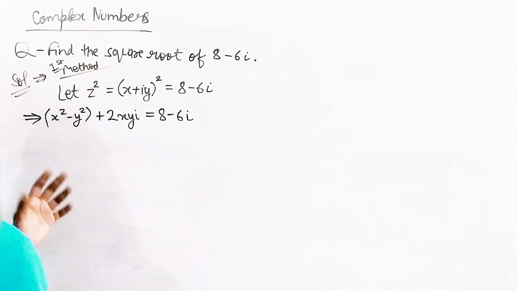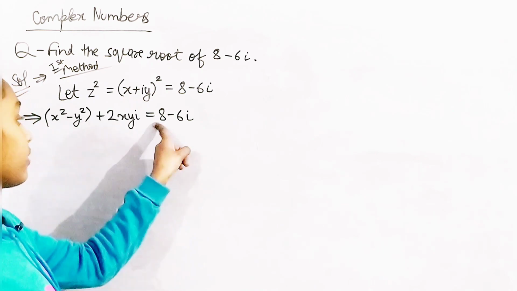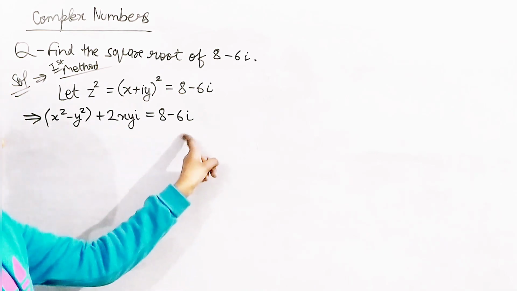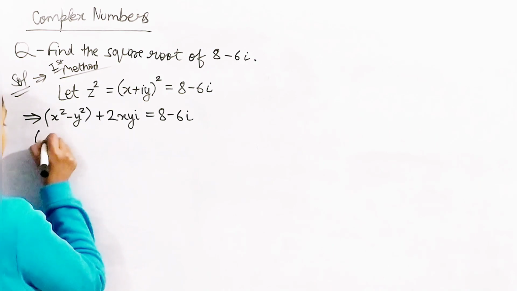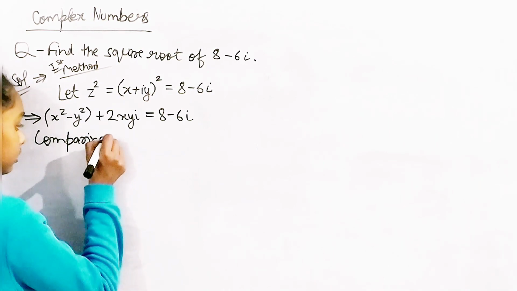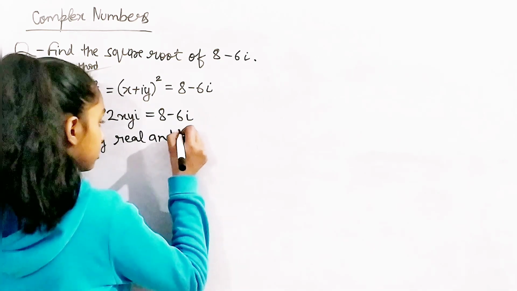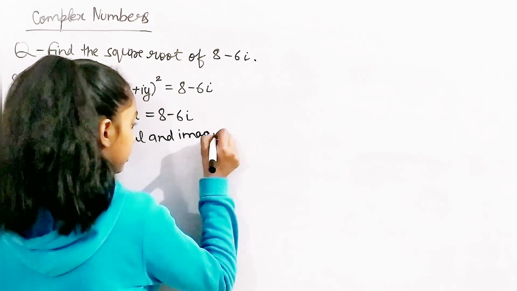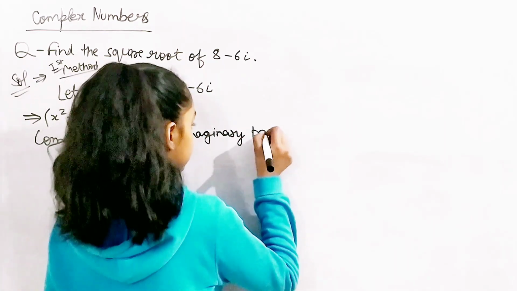So x squared minus y squared is equal to 8, and 2xy iota is equal to negative 6 iota, right? Is this clear? So I'll be writing the same thing I just said, comparing real and imaginary parts.